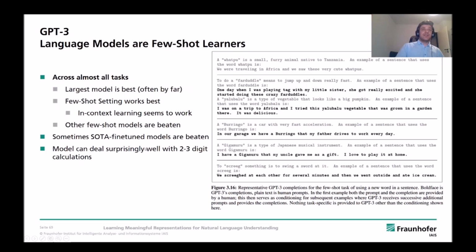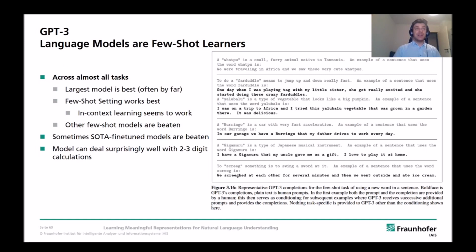Surprisingly, the model can even do simple calculations well in the 2 to 3 digit number region. On the right side, if you want to pause, you can see a task in which GPT-3 sees an example of how to use a made-up word, and then it gets the task to build a new sentence with a new made-up word, and it does so surprisingly well, in very good quality.